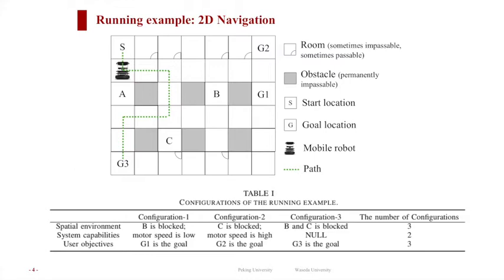Due to the limitations of SLAM, the spatial environment is partially observed by the robot. The accuracy of the robot's sensors and motors may be low or high. Because of different users' objectives, there are various start locations and goal locations.